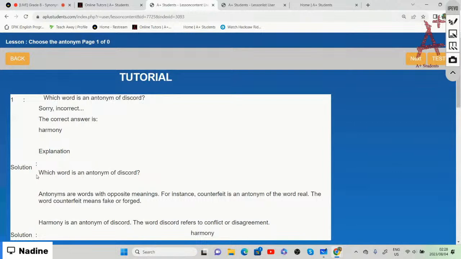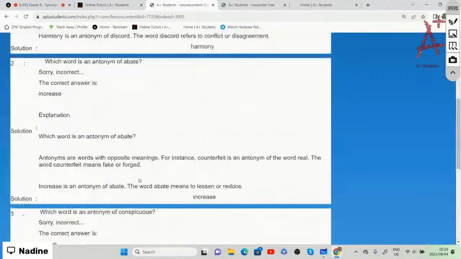So conflict or disagreement, that is what the word discord means. Which means that the opposite of discord is harmony, because harmony is like peace, right? There's no conflict, no disagreements at all.